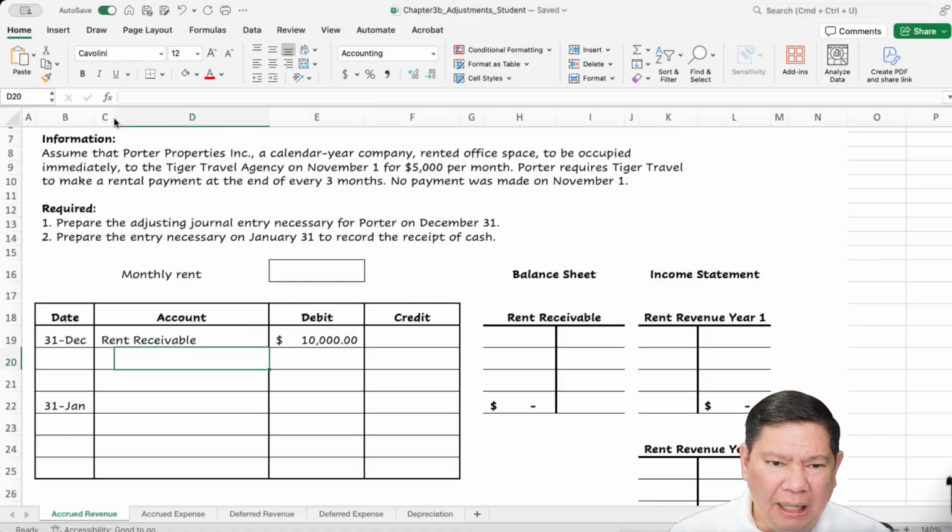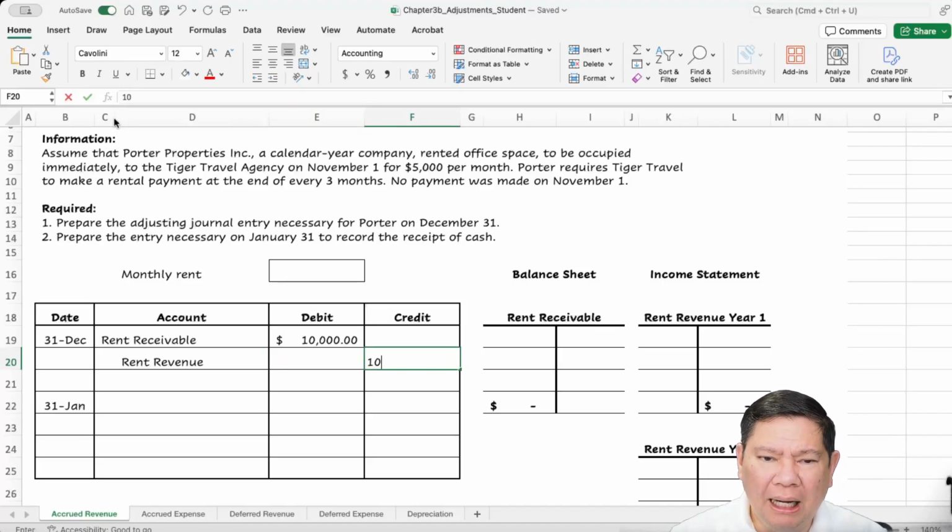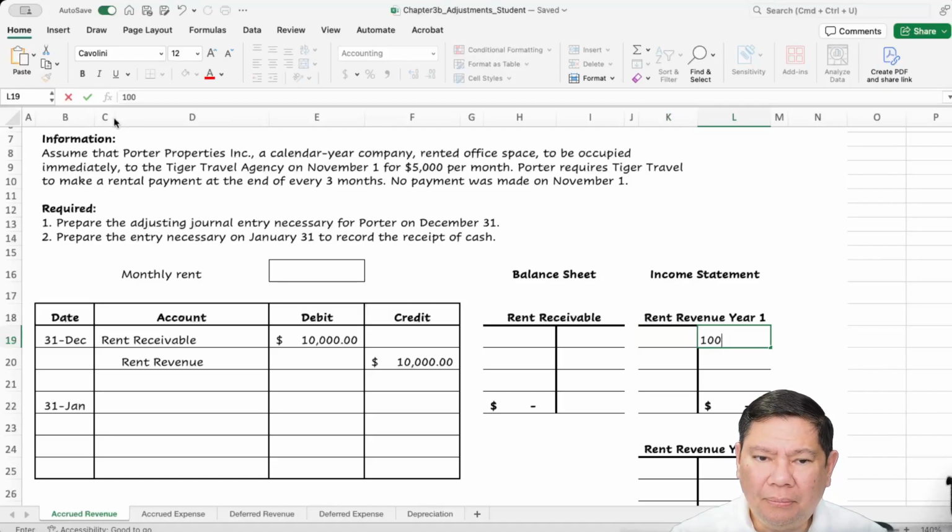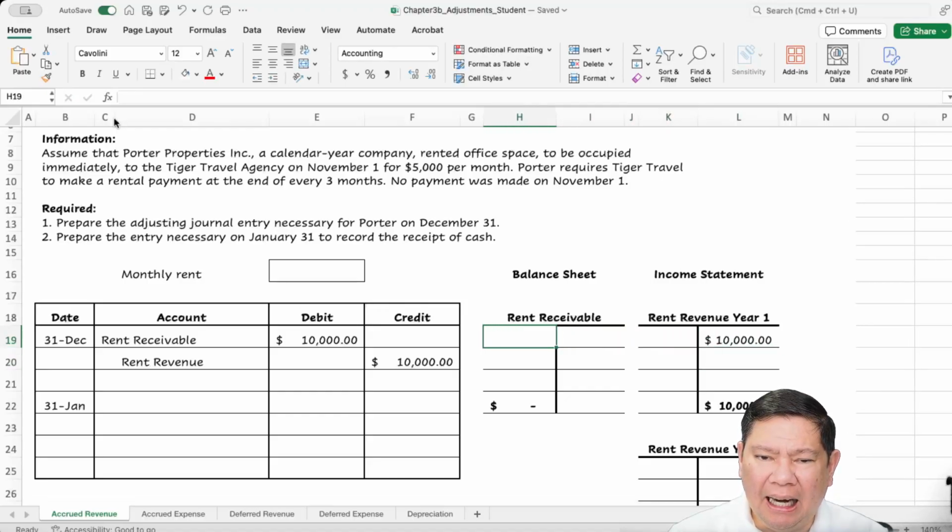Okay, so we have to recognize rent revenue. Okay, this is also 2 months, so $10,000. Okay, by doing this, we will recognize rent revenue in year 1, $10,000, and rent receivable, $10,000.